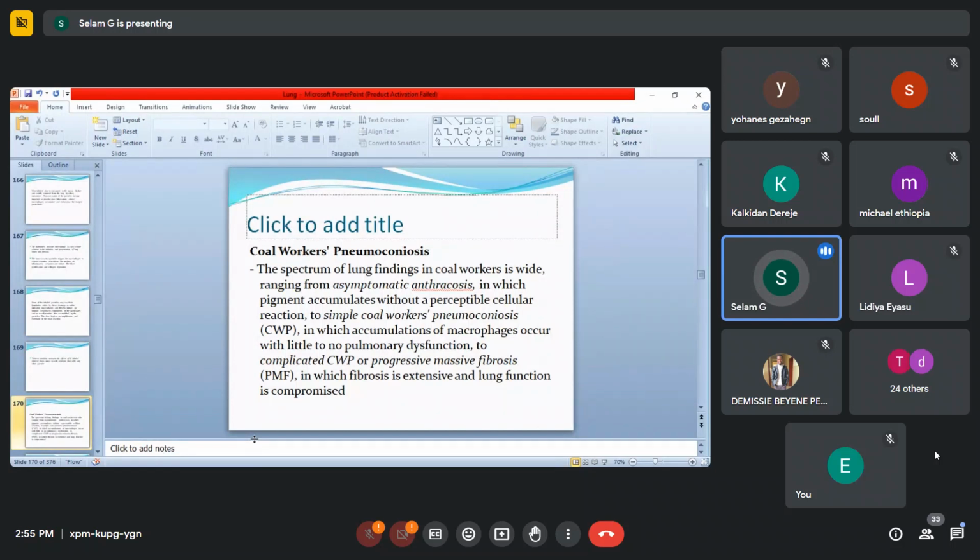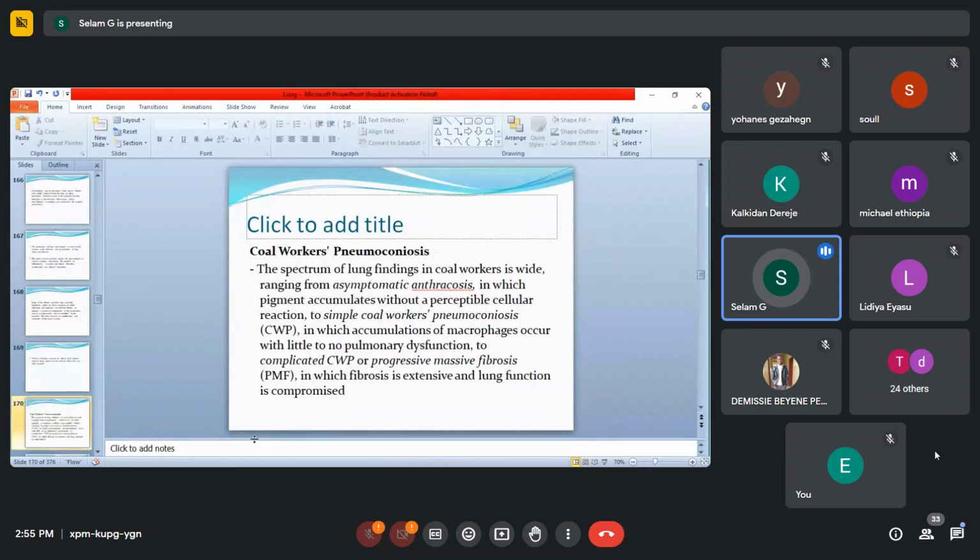So the spectrum of lung findings in coal workers is wide, ranging from asymptomatic anthracosis, meaning dark staining of the parenchyma of the lung, in which pigment accumulates without a perceptible cellular reaction, to simple coal workers' pneumoconiosis, in which accumulation of macrophages occurs with little to no pulmonary dysfunction, to complicated coal workers' pneumoconiosis with progressive massive fibrosis, in which fibrosis is extensive and lung function is compromised.